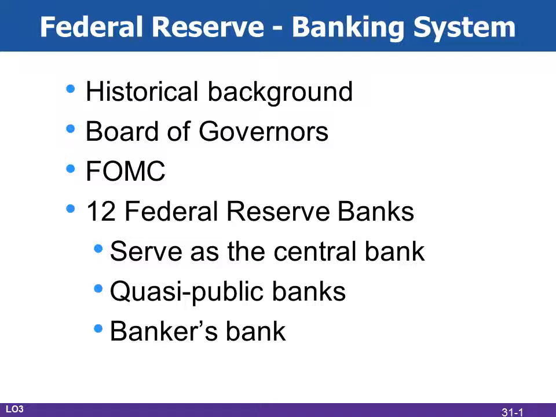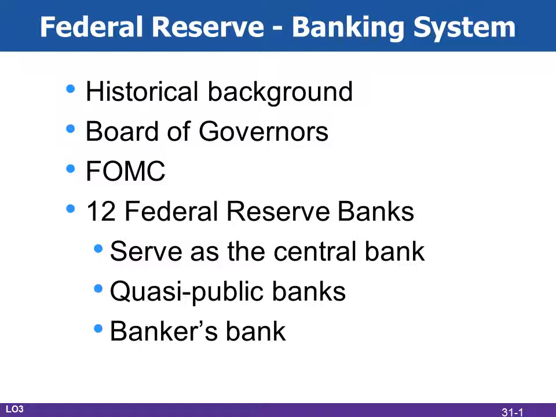So in order to keep abreast of what's actually occurring across the entire country, it makes sense to have regional banks which can keep a pulse on what's going on in their specific area of the country and report back to the FOMC and to the Board of Governors.